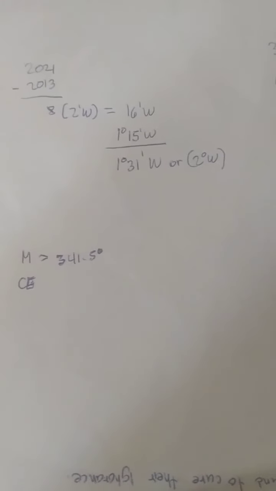Our magnetic is 341.5 degrees, and to get the compass error, it is the deviation, 3.5 degrees west, plus the variation, 2 degrees west, which equals 5.5 degrees west.